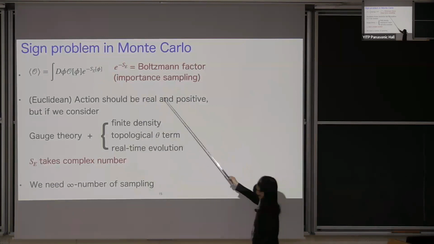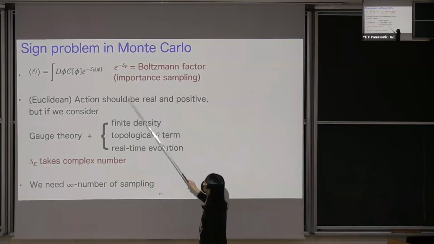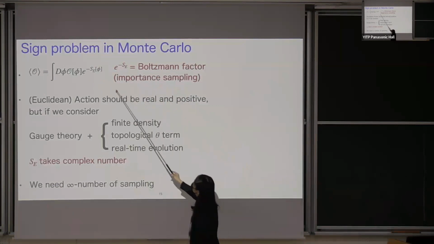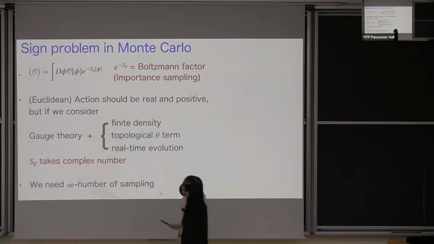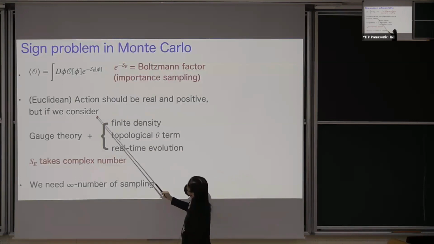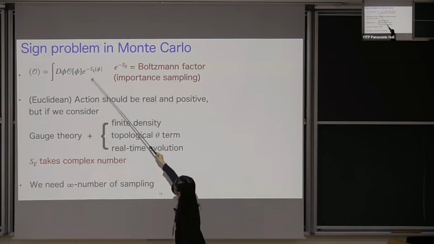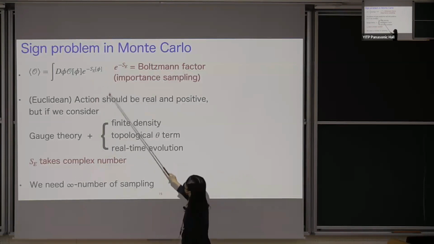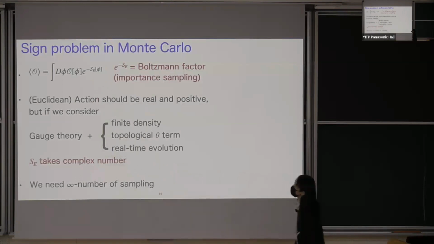So we use this factor as a probability weight for each configuration phi. But in this method, this Euclidean action should be real and positive.